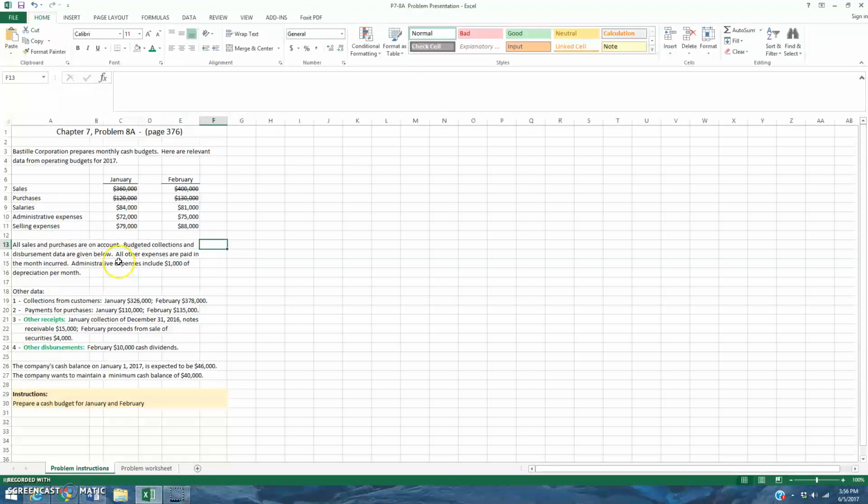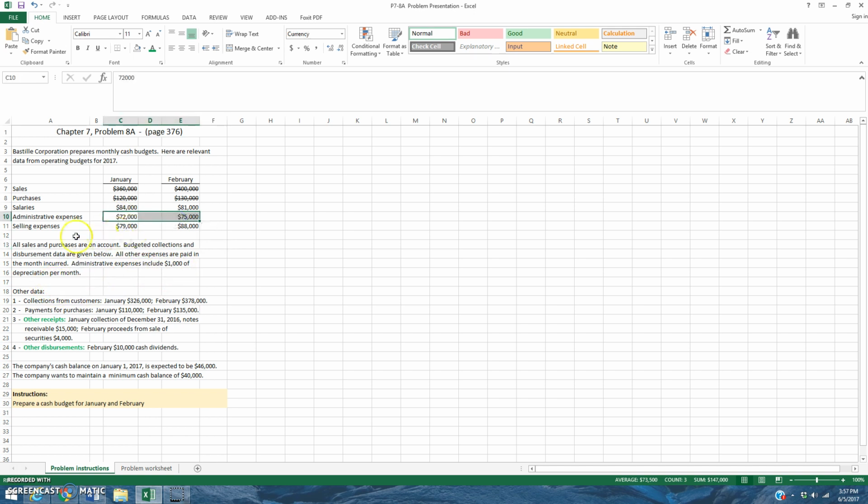If we go on, it says all other expenses are paid in the month incurred. So it's telling us that the rest of these numbers for these 3 accounts were paid in the month they were incurred. None of them was paid on account, so we don't have to worry about that. Then the last sentence in the paragraph says administrative expenses include $1,000 of depreciation per month.